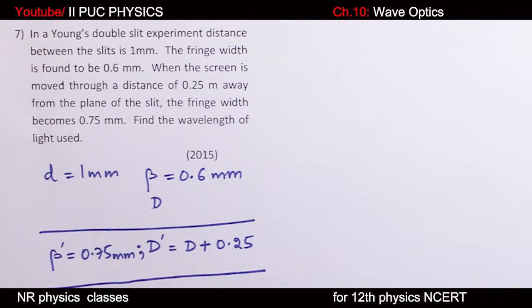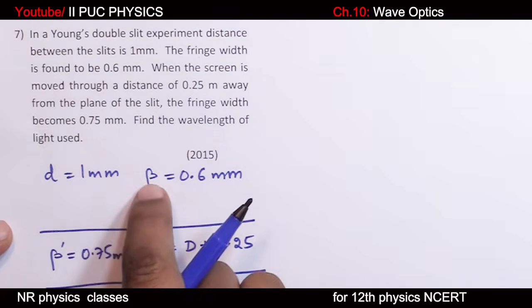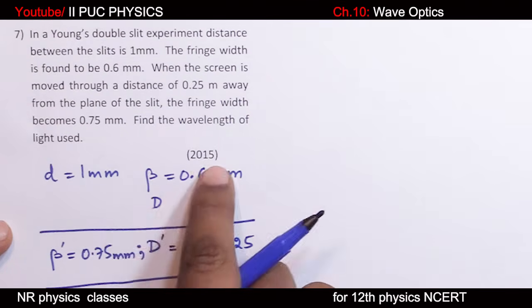Students, with this data, you can identify that we need the equation beta equals lambda capital D by small d.